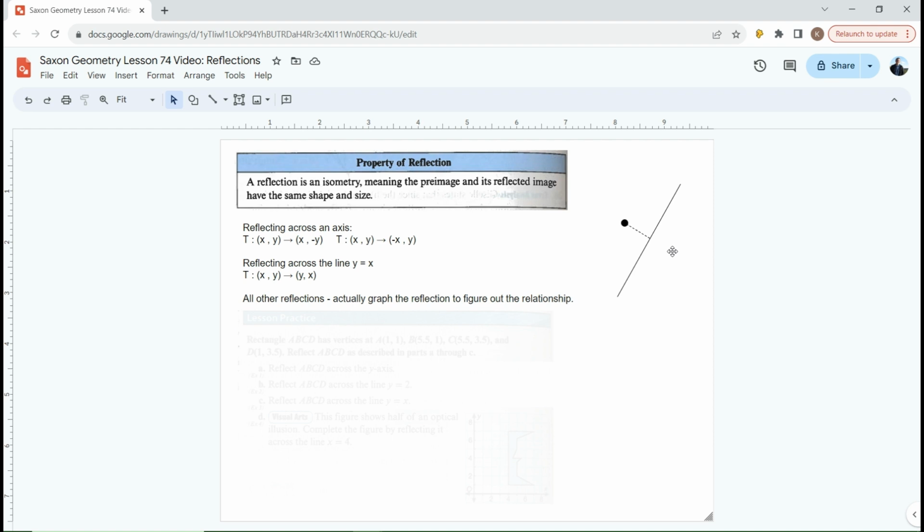We've done this before. In order to do that, you need to find the line perpendicular to the line of reflection. You know how to find a perpendicular line. You need to find a slope that's the opposite inverse of the slope of this line. And then you know how to make that line pass through a particular point.